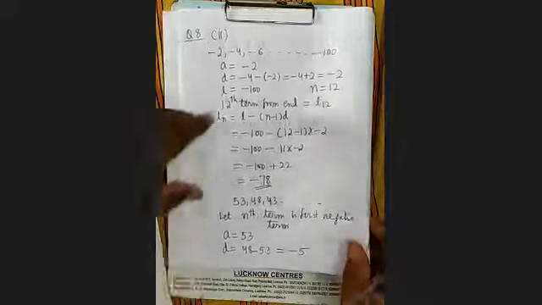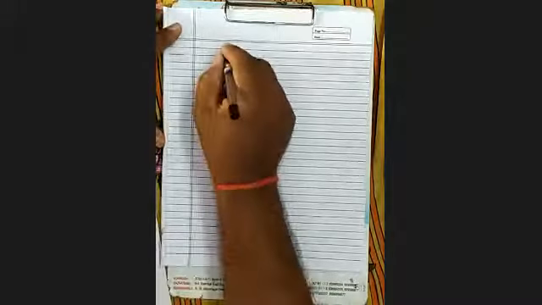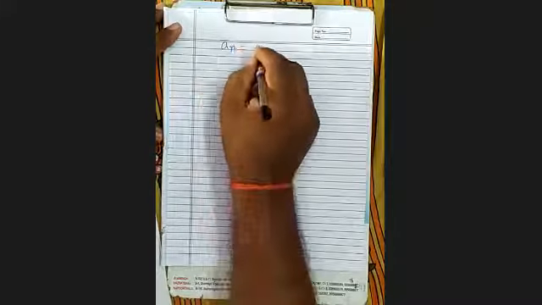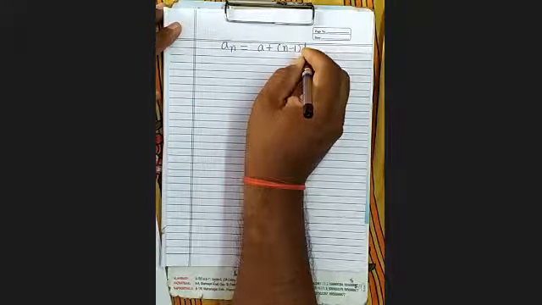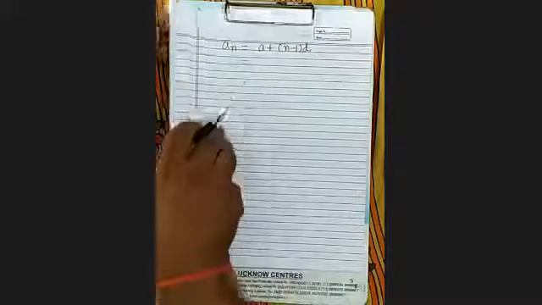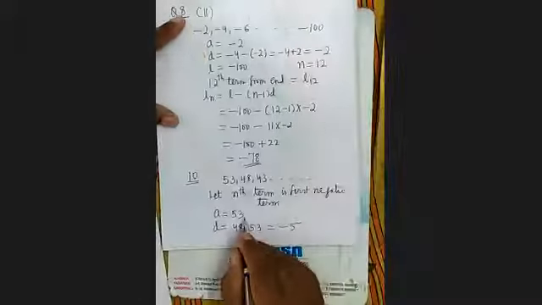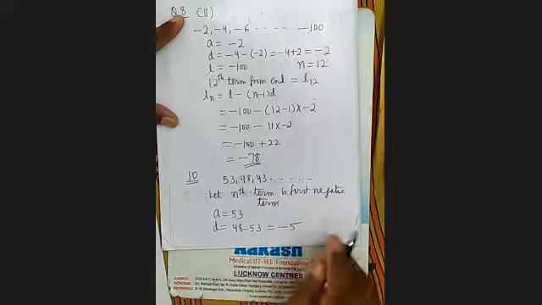So first you find out the nth term. Nth term: An equals A plus n minus 1 into D. So you substitute the values. A is given 53, D is given minus 5.